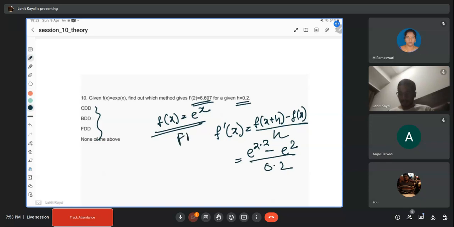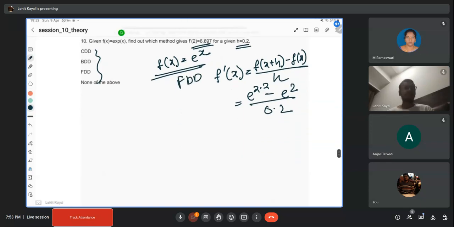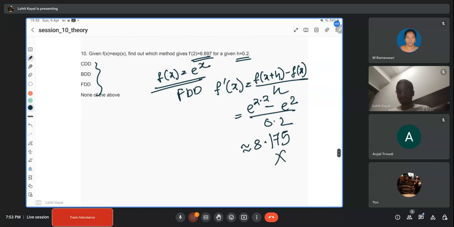This is for the FDD scheme. Okay. If you calculate the value, it will be 8.175. Okay. So obviously this is not the correct answer.